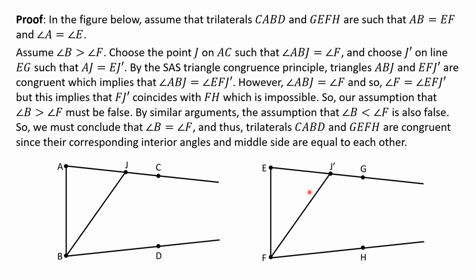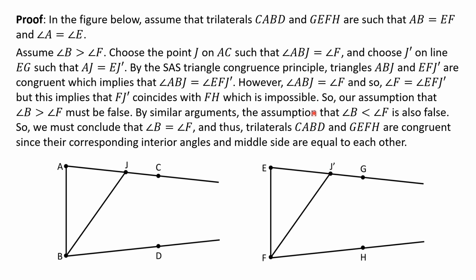And then focus on this triangle and this triangle here. By the triangle side angle side principle, ABJ is congruent to EFJ prime. We can see that we have an angle, a side, and another side that are equal. And so that implies that ABJ is equal to EFJ prime.